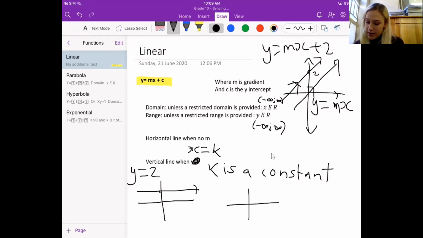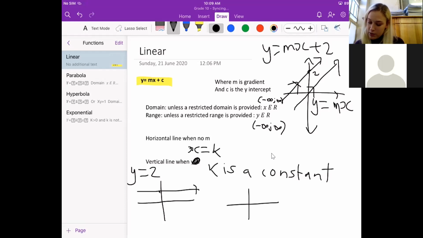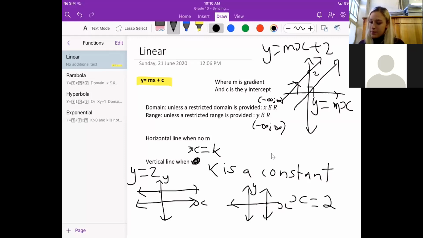So if we had to look at our x values, 1, 2, that would be our x is equal to 2. These are our y's, these are our x's. So this is x is equal to 2, and that's y is equal to 2. Okay, so those are our straight line graphs.